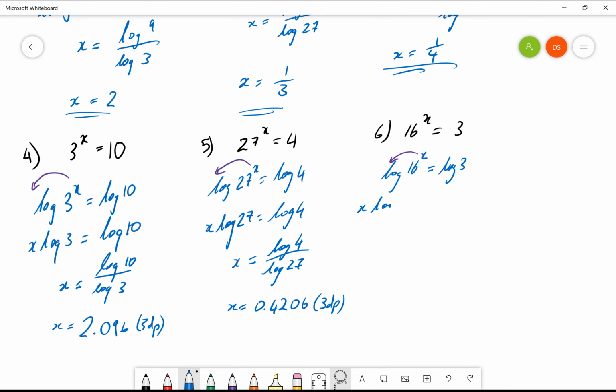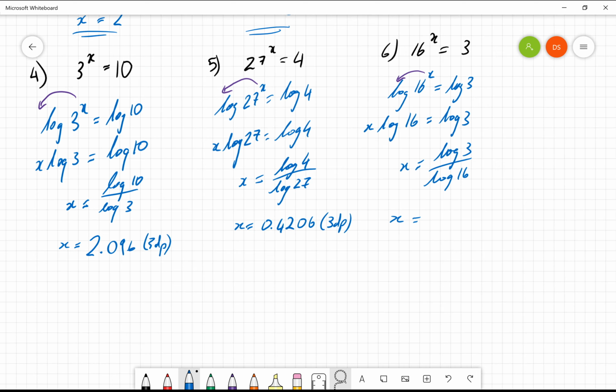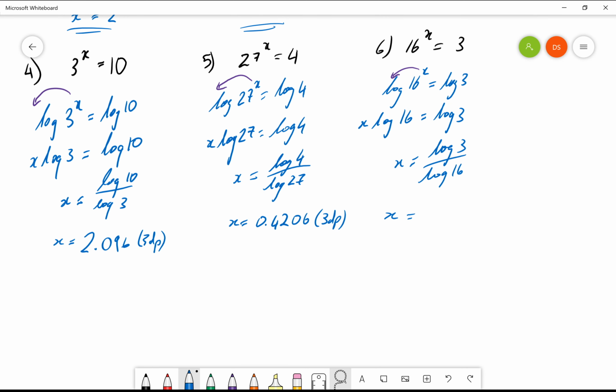X log 16 equals log 3, and then we divide by log 16. And then, if we type that into our calculator, hopefully I get something that's just above a quarter.